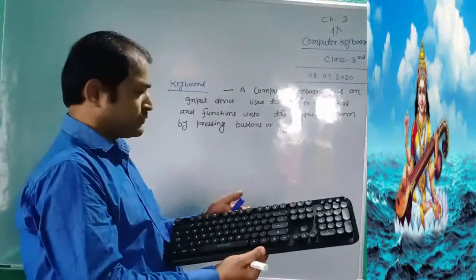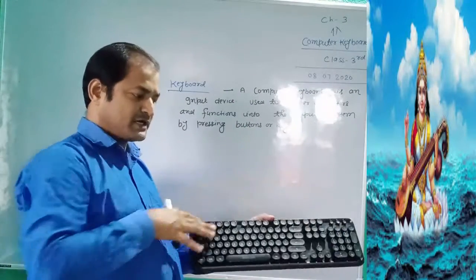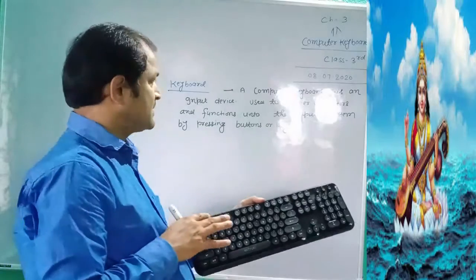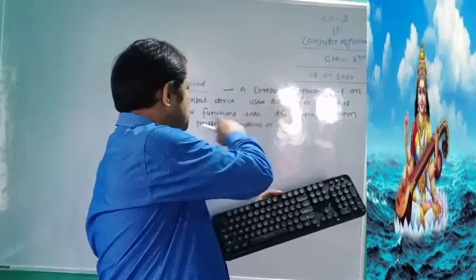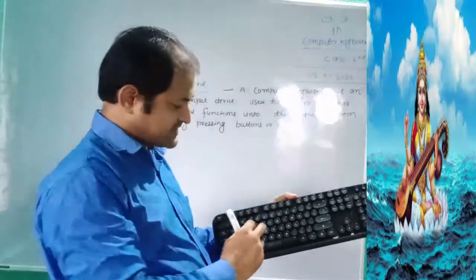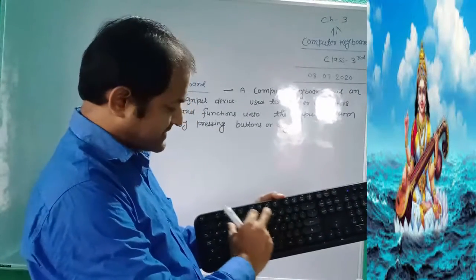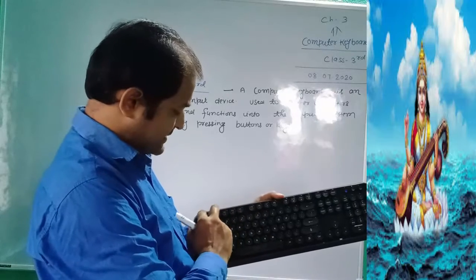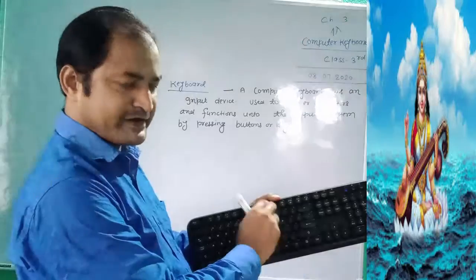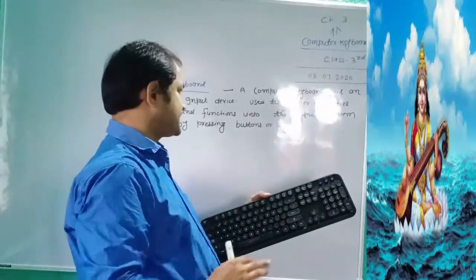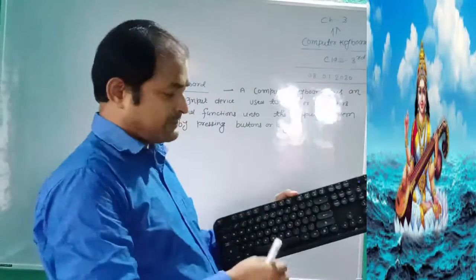A computer keyboard is an input device. Why is it an input device? Because it is used to enter characters and functions, all related to F1, F2, F3, F4, F5, F6, F7, F8, the function keys, into the computer system.